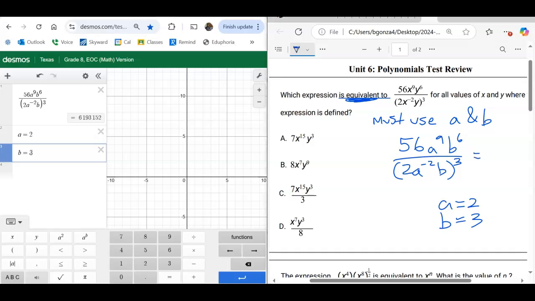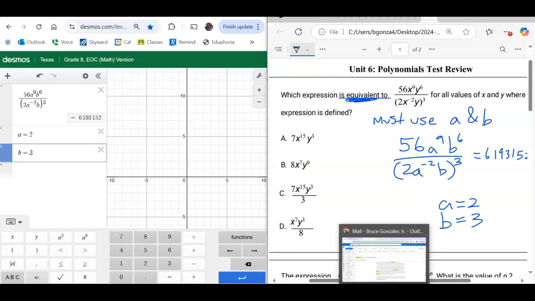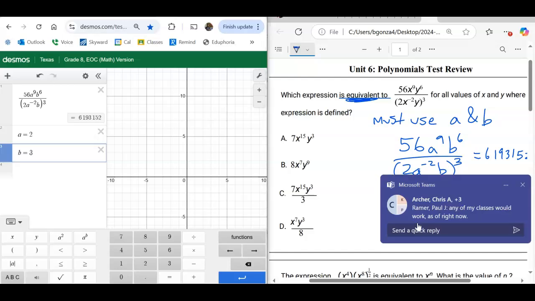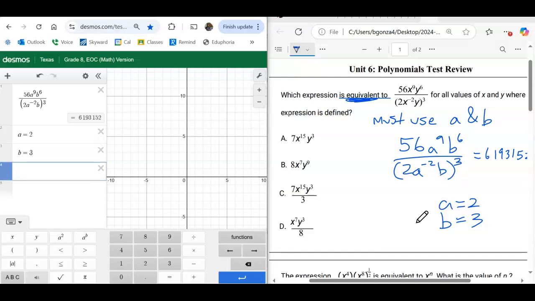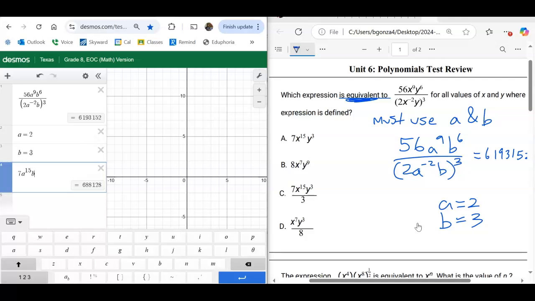So it's a big value, 6,193,152. Okay, so this is what we get. So if we use A and B here, we're going to type this in. 7A to the power of 15, B to the power of 3.